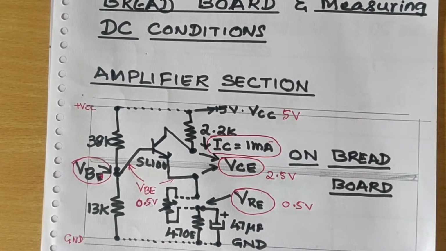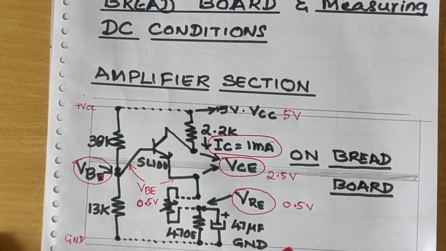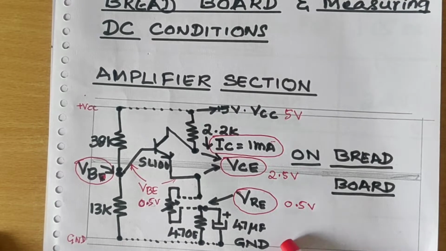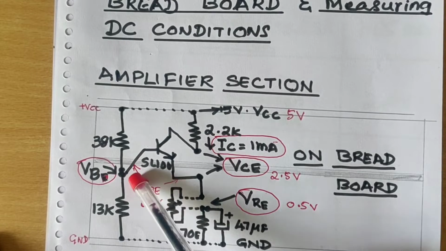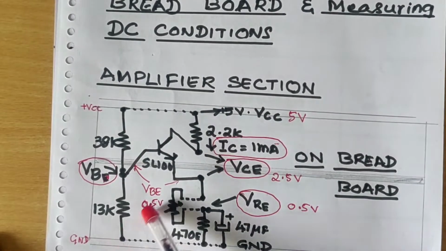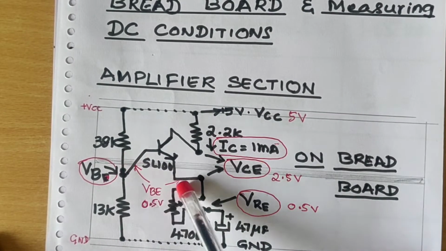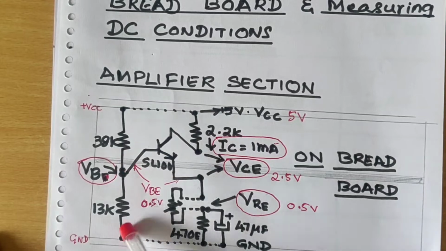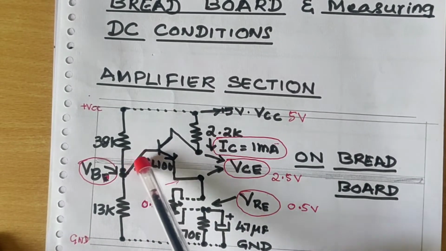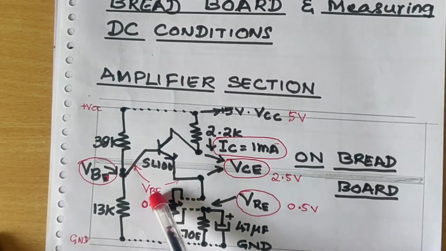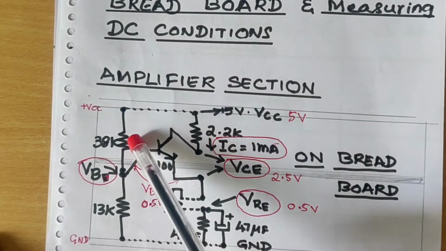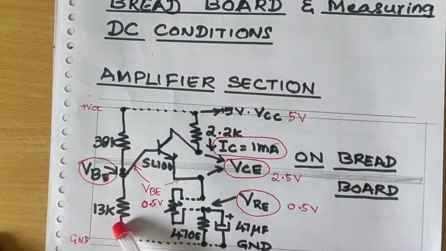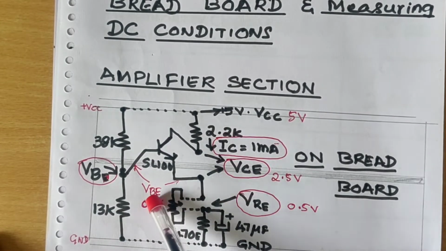We have to understand that a transistor will start to conduct when some conditions are maintained by designing this circuit, where the Vbe, that means the base to emitter voltage, should always be maintained at 0.5 volts. This is possible by designing or selecting the proper values of R1 and R2. So we are going to see this practically now.